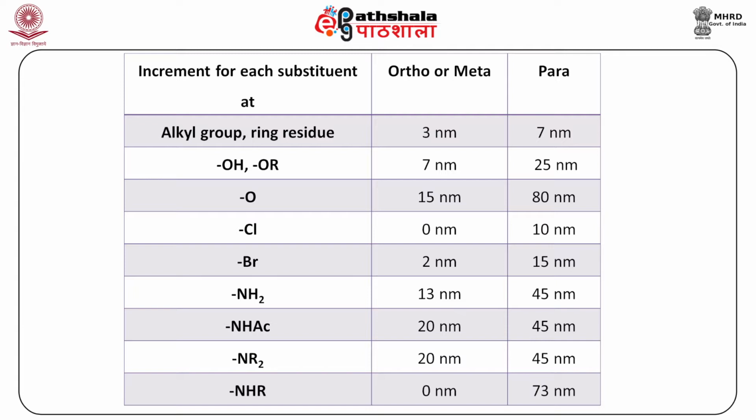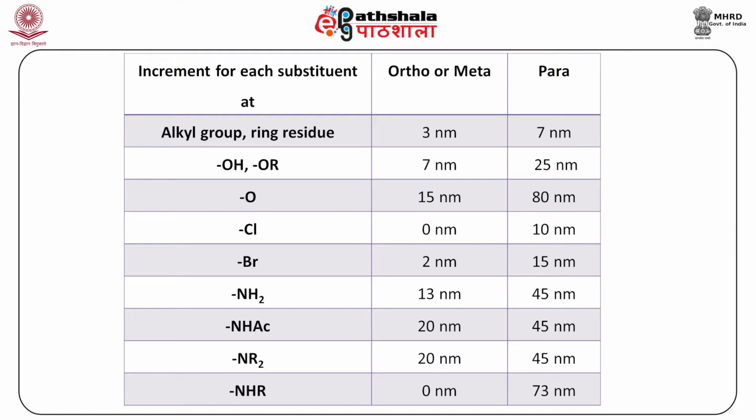For amino group, an increment of 13 nanometer at ortho or meta position and 45 nanometer if present at the para position. For substituted amino group, for example, acetanilide or acetylated amino group, at ortho or meta position 20 nanometer is observed, at para position 45 nanometer is observed.